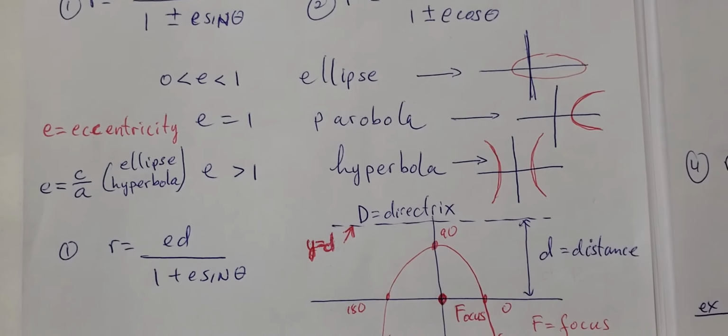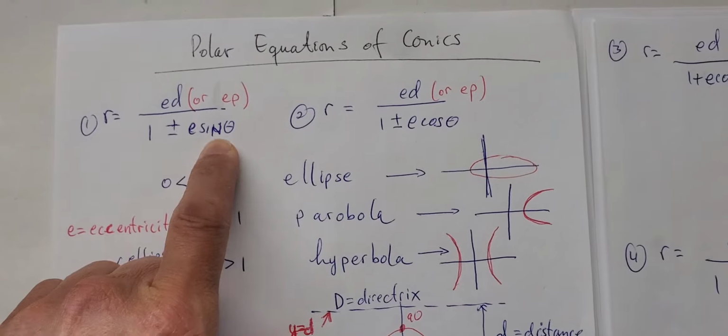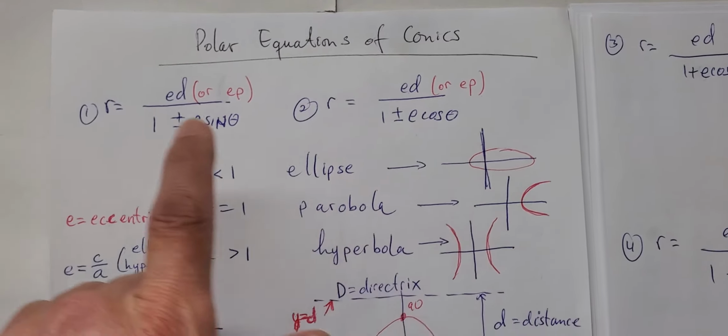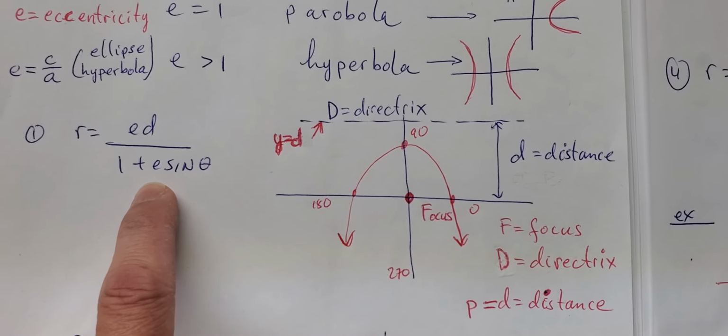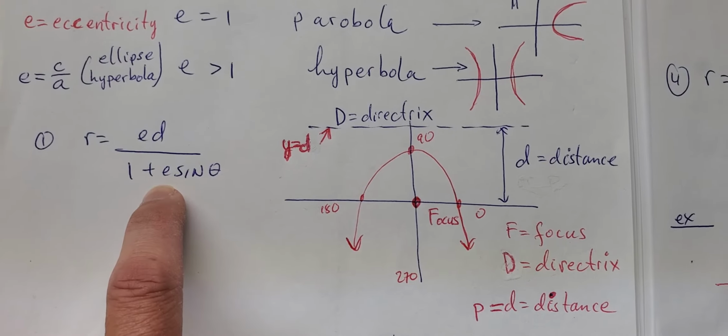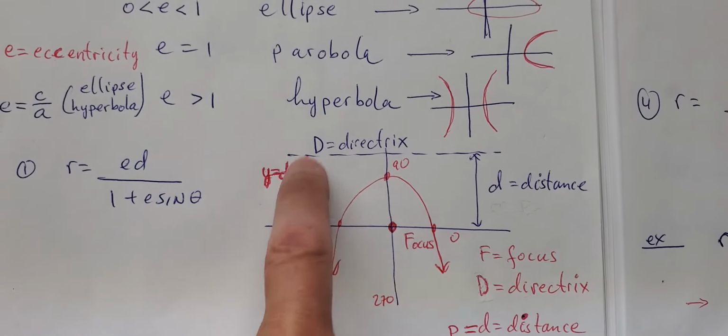Okay? So here are the four versions, for plus and minus sine, plus and minus cos. Let's do plus and minus sine first. If I have a plus, then it is face down. Your directrix will be on top.